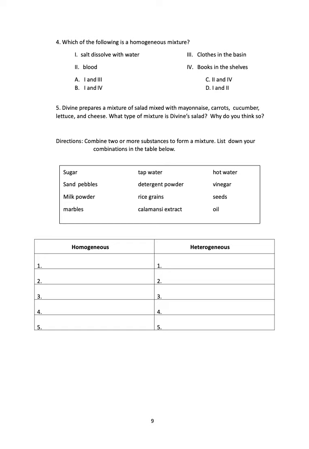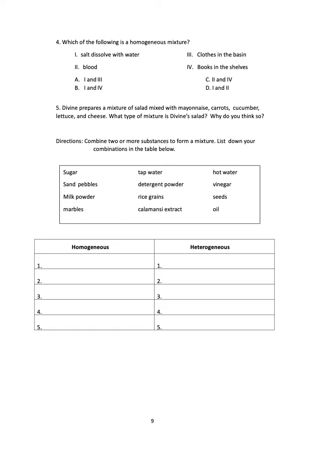Which of the following is a homogeneous mixtures? Saan dyan ang homogeneous mixtures? You have 1, 2, 3, and 4. 1 and 2 ba? Ay 1 sa letter A, 1 and 3 ba? Sa letter B, 1 and 4. Sa letter C, 2 and 4. Or letter D, 1 and 2.